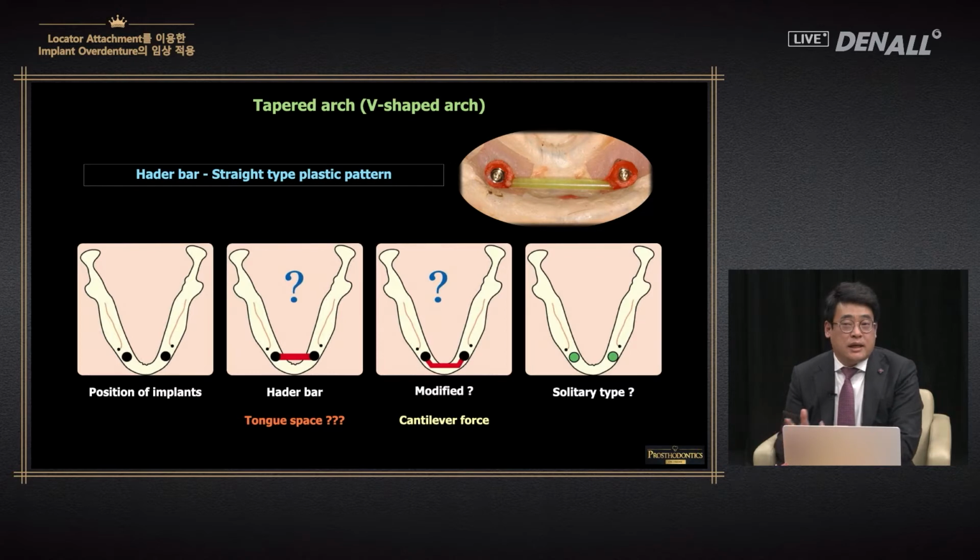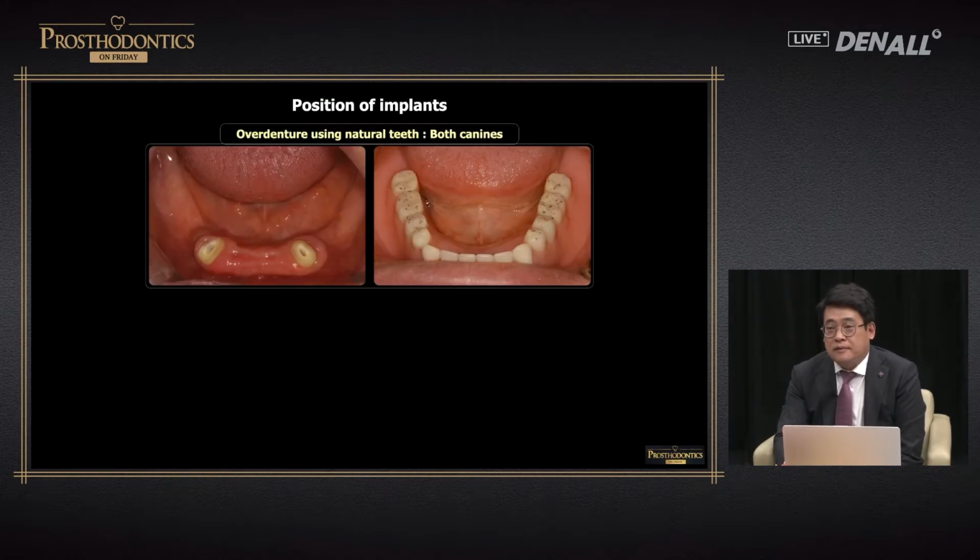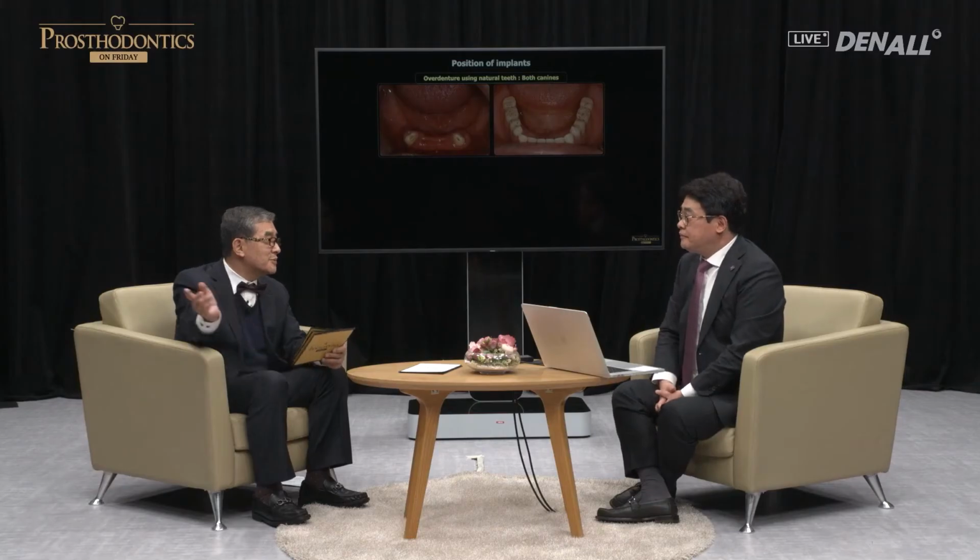And when we assume that the arch is V shape and we place the implant in the canine area, when we connect the two, regardless of whether it is solitary type or bar type, actually in the case of solitary type, virtual fulcrum line is formed and anterior cantilever becomes elongated. Therefore, you need to place the implant in a different position.